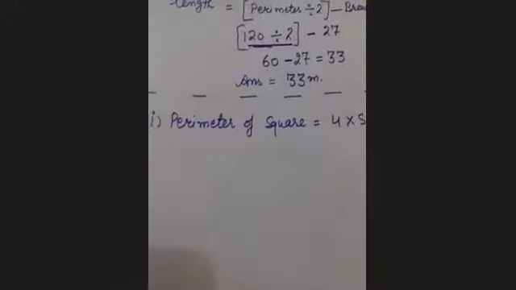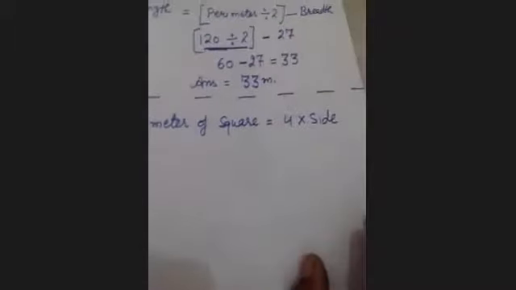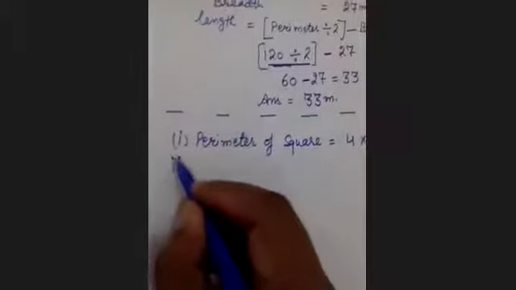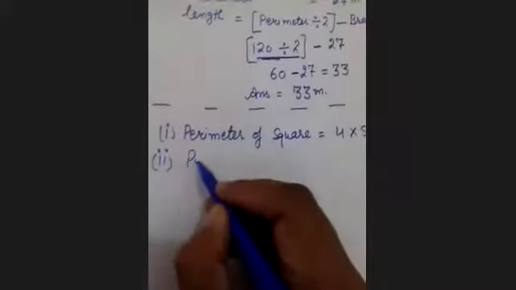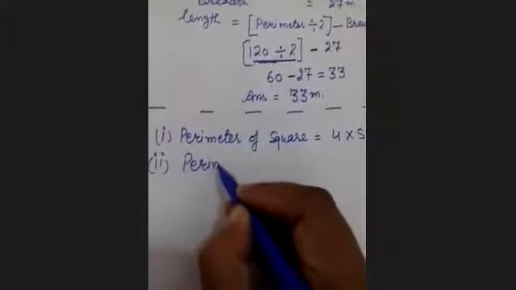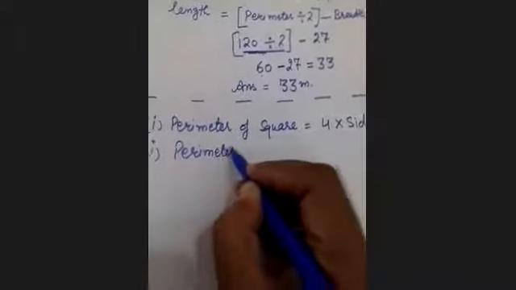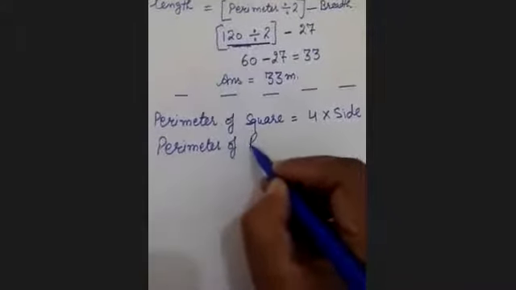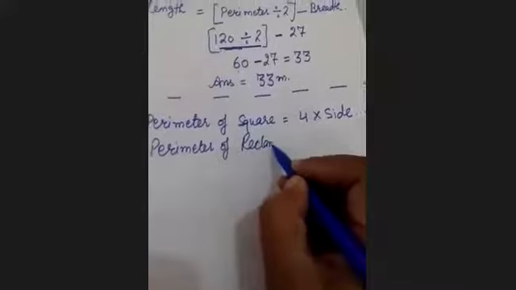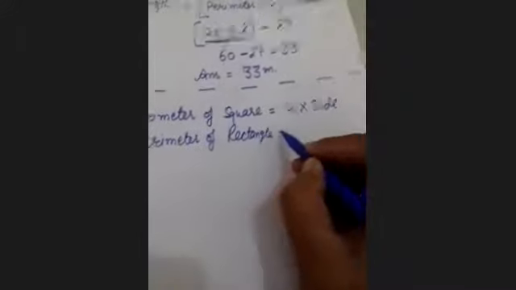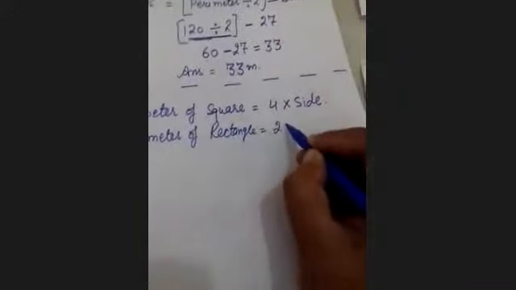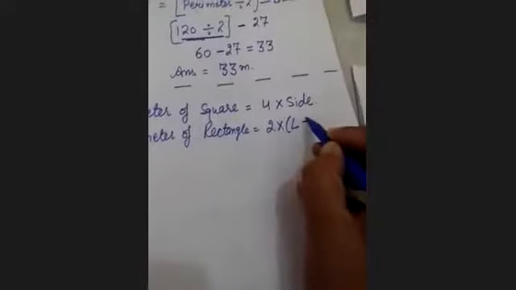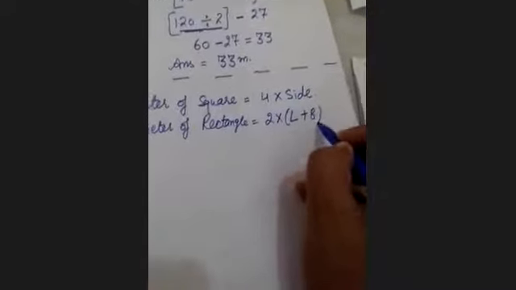Main points are: perimeter of square is 4 into side. Second is perimeter of rectangle, that is 2 multiplied by length plus width.